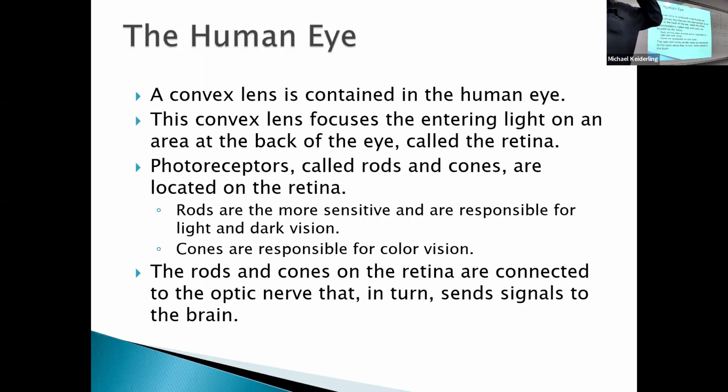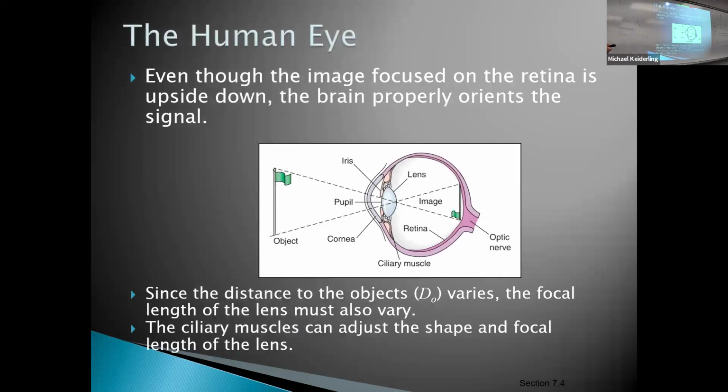But if you stimulate the left side of your eye, you'll see something on the right side. So even though the image focused on the retina is upside down, the brain will properly orient it. And since the distance to objects varies, the focal length of the lens must also vary. And so you have ciliary muscles in your eye. They can adjust the shape and focal length of the lens.